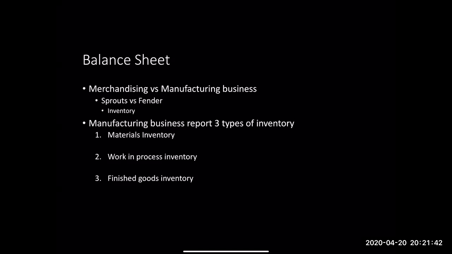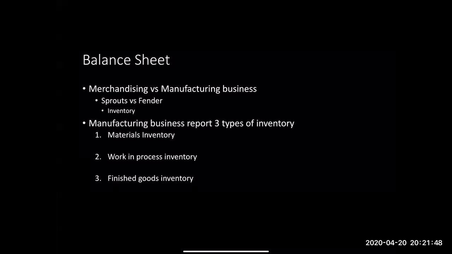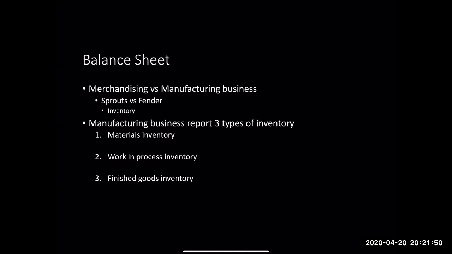Now moving on, a manufacturing business reports three types of inventory: materials inventory, work in process inventory, and finished goods inventory. Let's take a deep dive into each of them. Materials inventory is another word for raw materials inventory.